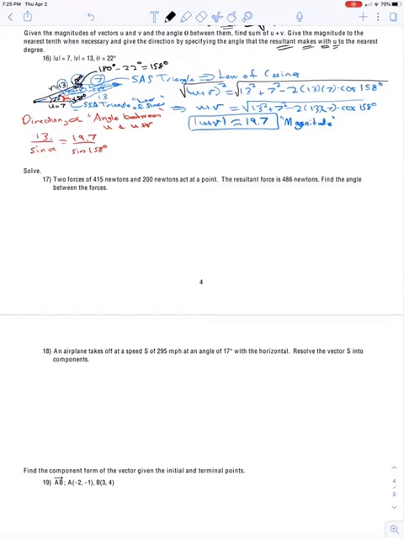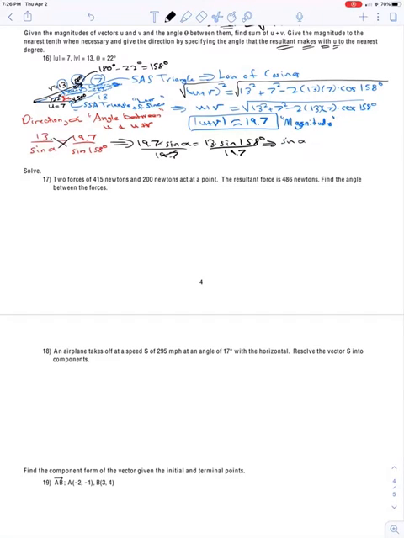Let's go ahead and get rid of the fractions. So we want to clear it out. We can just go ahead and take the cross products. We know that 19.7 times the sine of alpha is equal to 13 times the sine of 158 degrees, as we clear that out. And then we can divide out the 19.7 on both sides, as we're trying to solve for alpha.